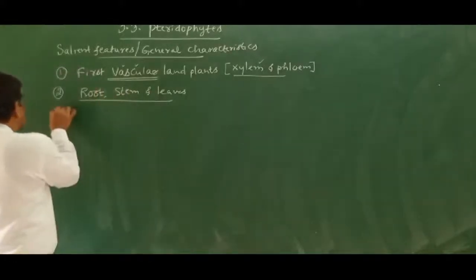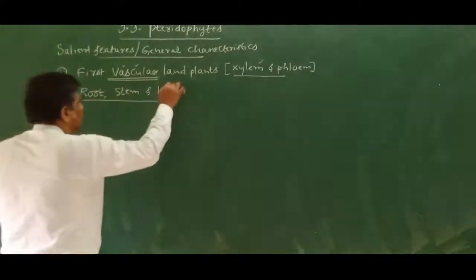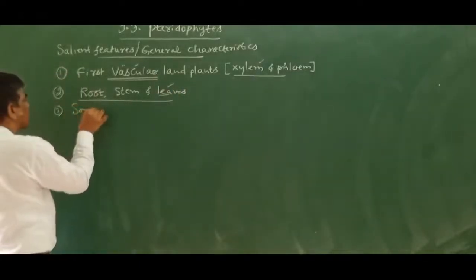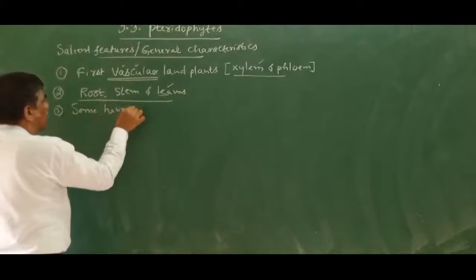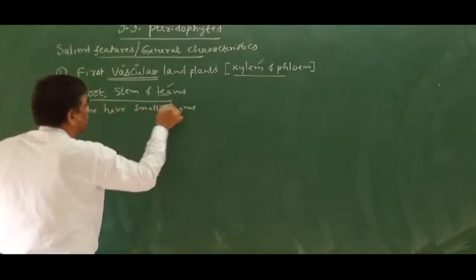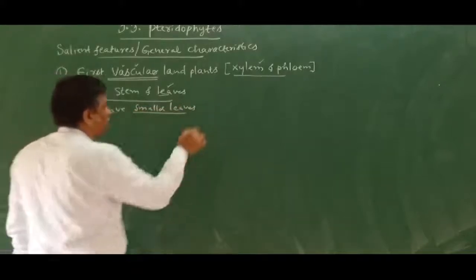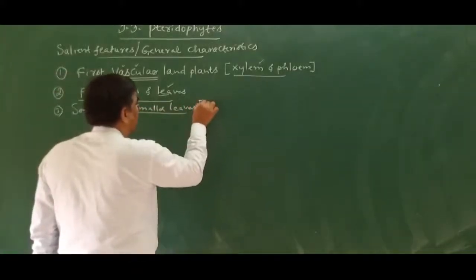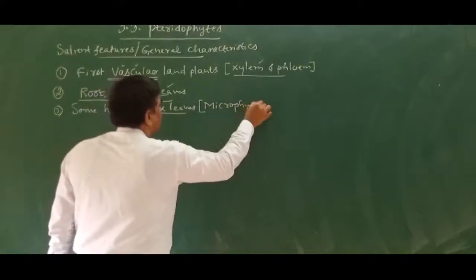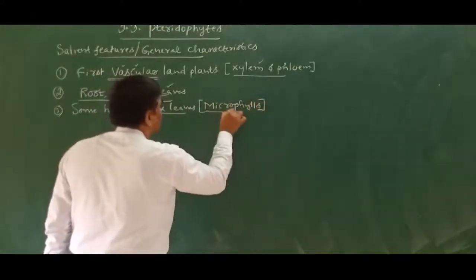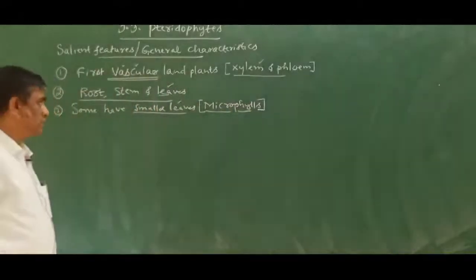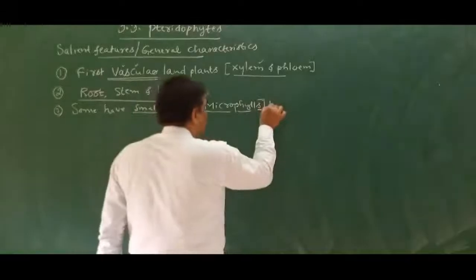And one more thing, when the leaves are concerned, some of these plants have smaller leaves, called microphylls. Micro means smaller, phylls means leaves. In which plant are these smaller leaves present?